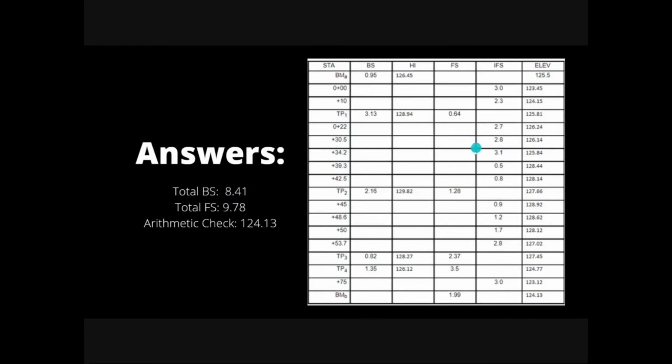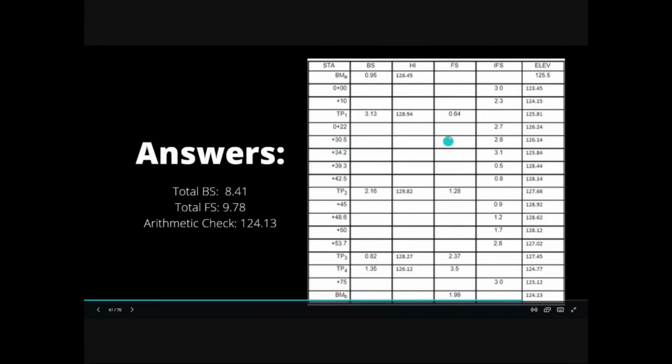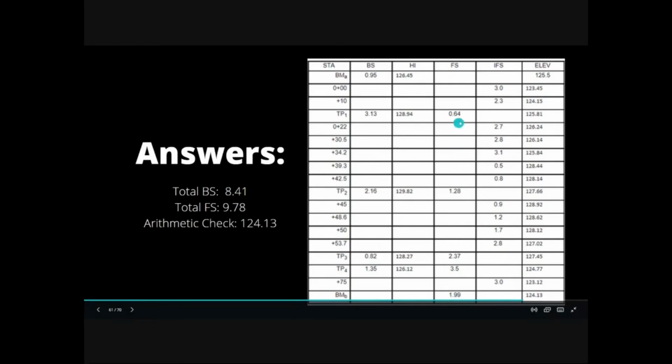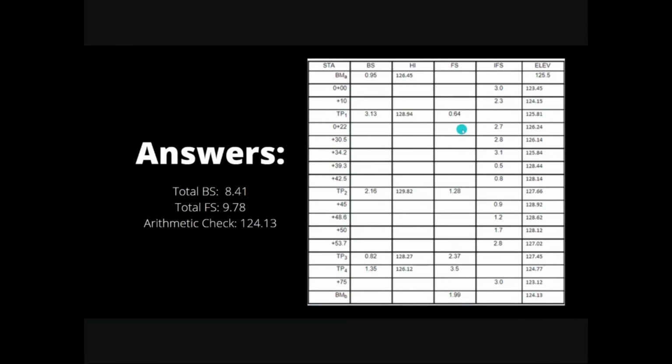Now to get the summation of the foresight, we have to add these values since we are only interested in the benchmark values and the turning point values. So we only add these 1, 2, 3, 4, 5 values together in order to get the total foresight.